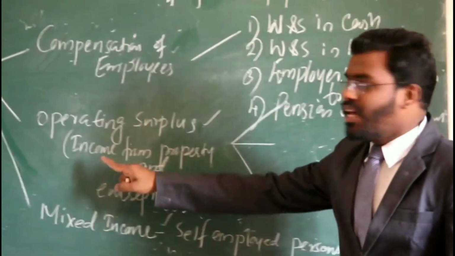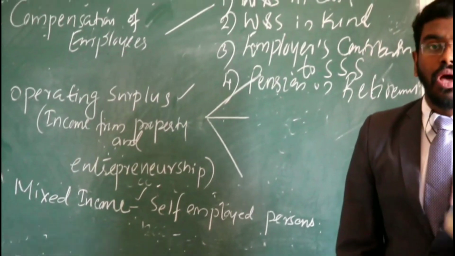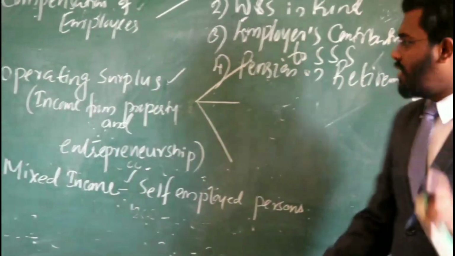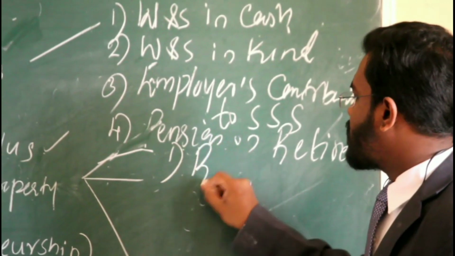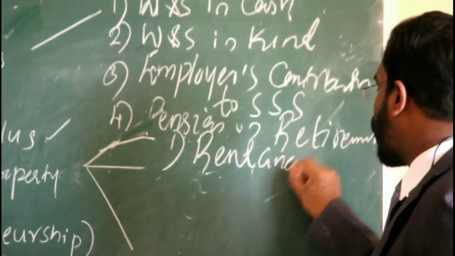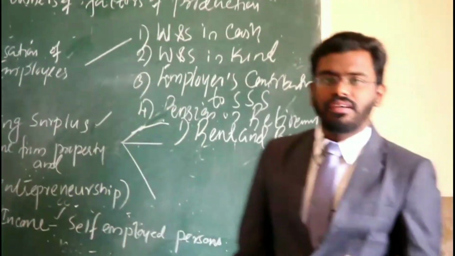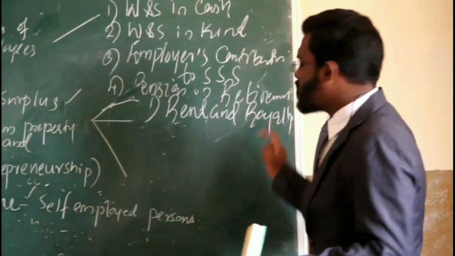Operating surplus is otherwise known as income from property and entrepreneurship. Operating surplus includes three elements. First one, rent and royalty. What is rent? Compensation of land. What is royalty?